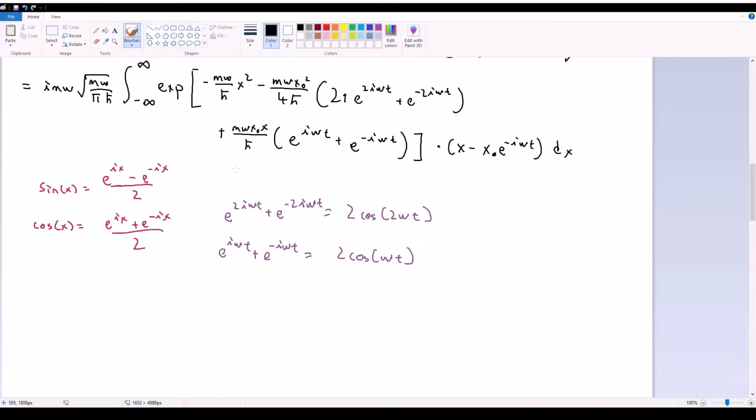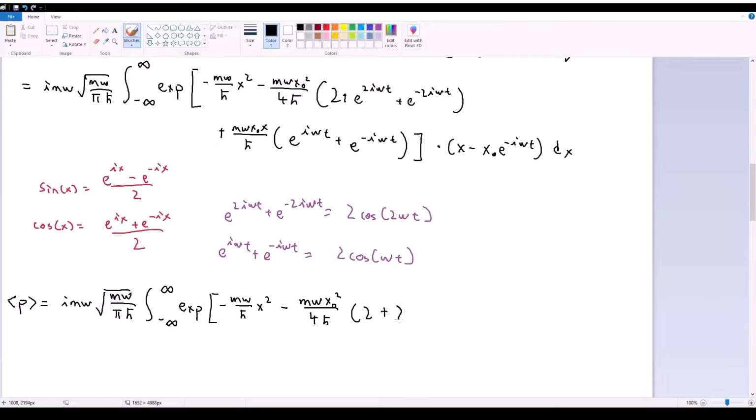If we rewrite it this way, then the expectation value of p is going to equal i m omega over the square root of m omega over pi h bar times the integral from negative infinity to positive infinity of the exponential of negative m omega over h bar x squared minus m omega x naught squared over 4 h bar multiplied by 2 plus 2 cosine of 2 omega t, plus m omega x naught x over h bar times 2 cosine of omega t, and all of this is multiplied by x minus x naught e to the negative i omega t, close off with a dx.